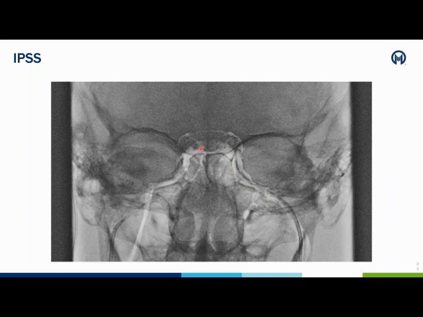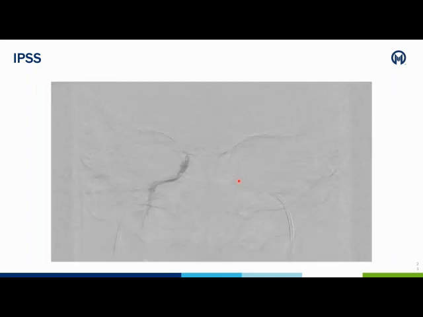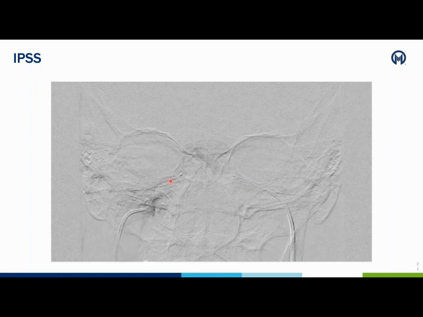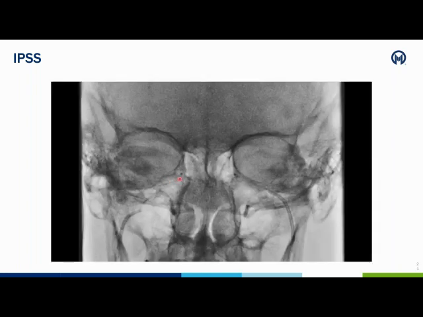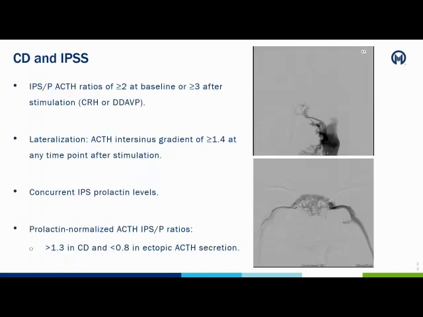Here I have a roadmap that shows me the position, and we advance a micro wire, and this is the guide catheter and the microcatheter being placed over it. Here the injection is coming from the right side, and you see in the true AP that the catheter is in position and the microcatheter is higher up in the petrosal sinus.